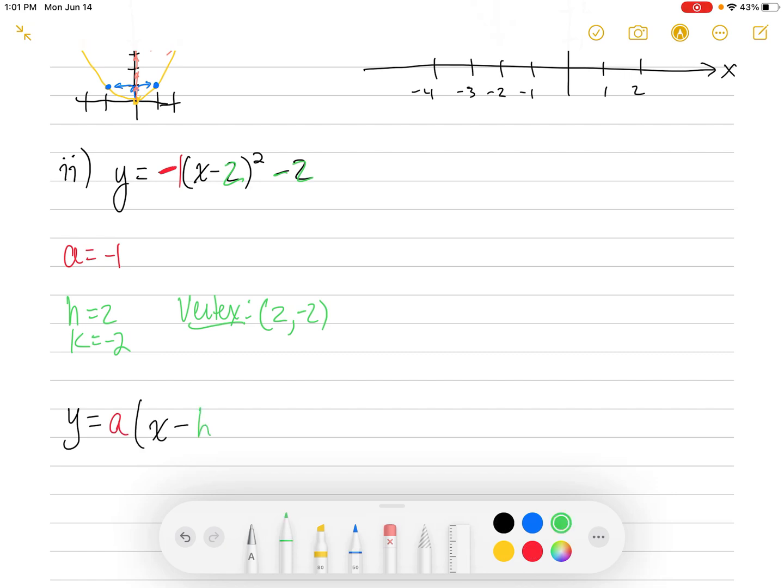Remember the form: y equals a times (x minus h) squared plus k. So basically I matched this h up with this 2, and that's how I got h is 2. And I matched this minus 2 up here with this k, and I got minus 2 for my k, and for my a, I matched a up with the minus 1 in front.